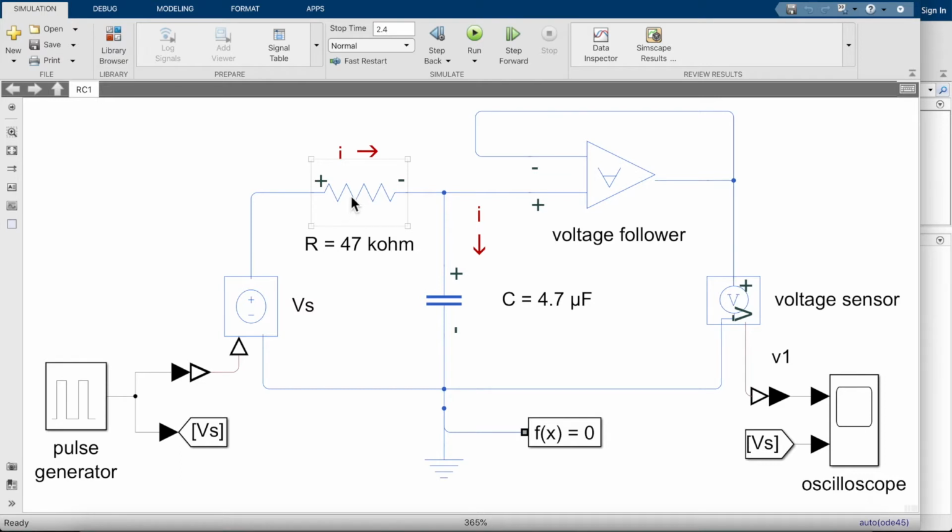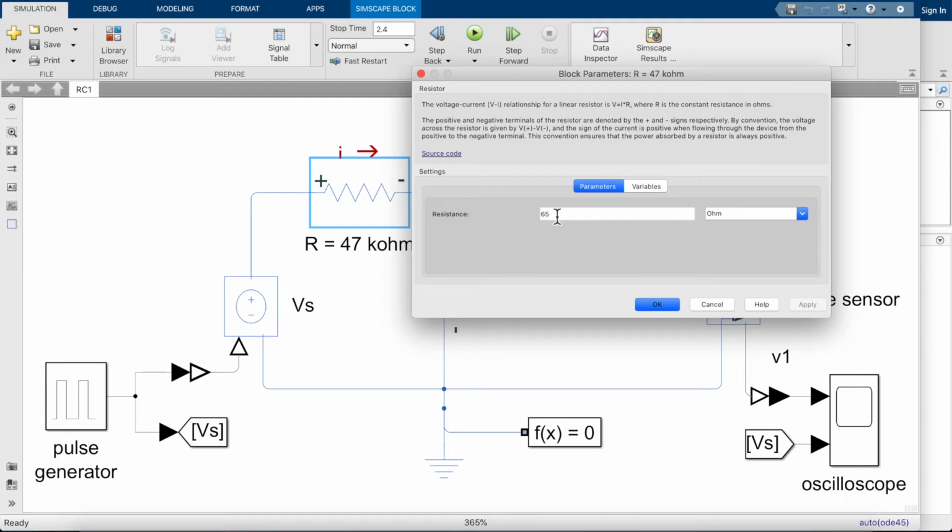Now before we do the simulation, let's pay attention to a couple of items. The first is we need to change the value of the resistance and the capacitance to match the values on the schematic, rather than the initial values they have now, which are not correct. To change the value of the resistor, you double-click on the resistor, and in the dialog box, you change the value of resistance to 47 kiloohms.